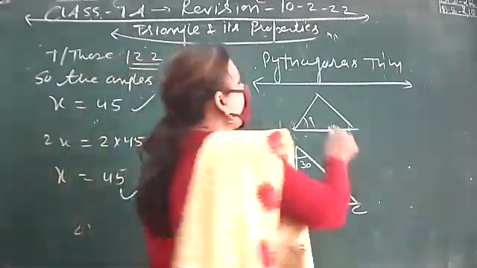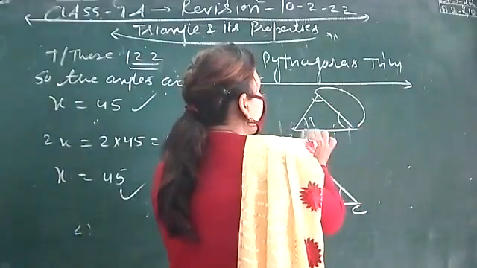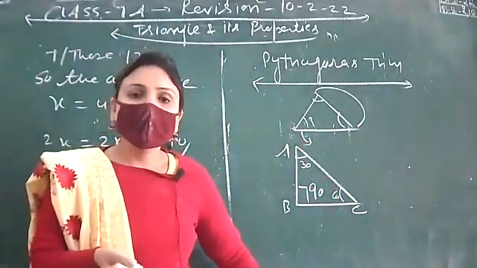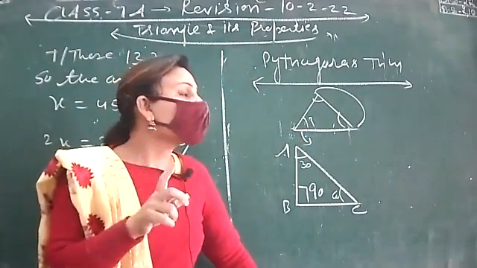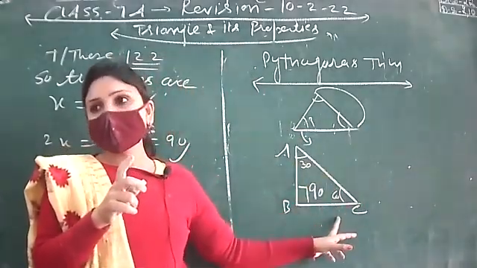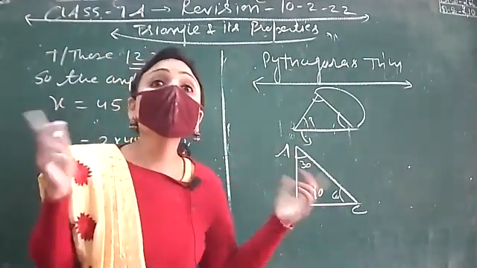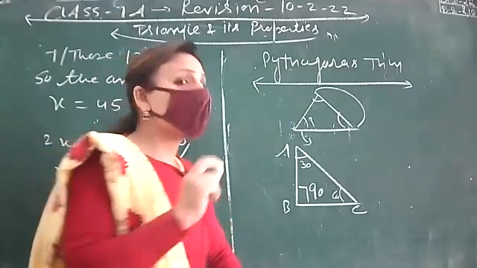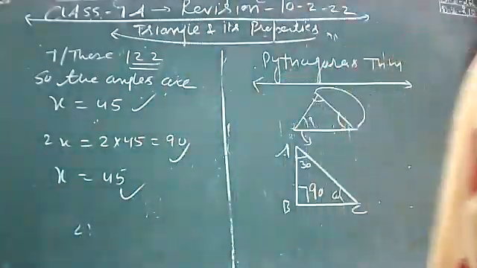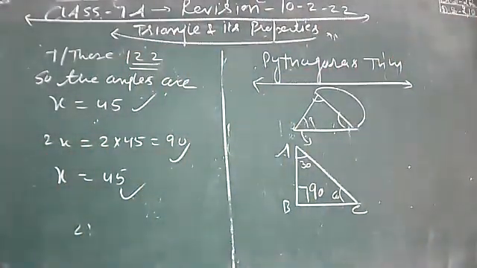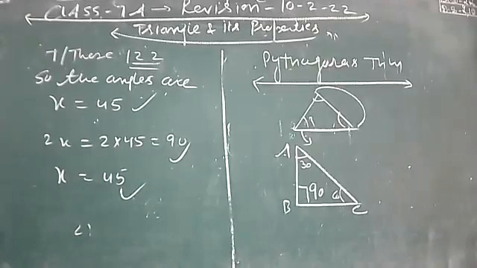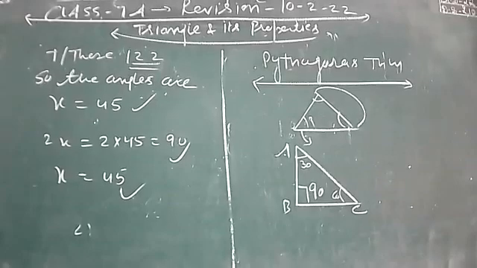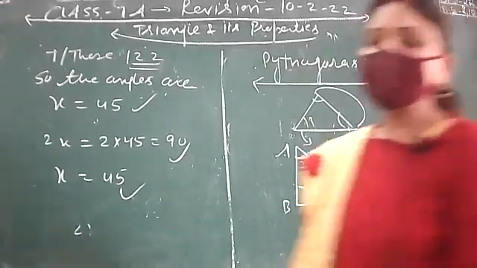Otherwise, आप कोई भी triangle ले लो, दो angles का sum हमेशा एक angle से बड़ा आएगा, है ना. But in right angle triangle, sum of two angles can be equal to the third angle. ठीक है, तो आपके पास आ सकता है पेपर में, name a triangle in which sum of two angles is equal to the third angle. Right angle triangle, right?